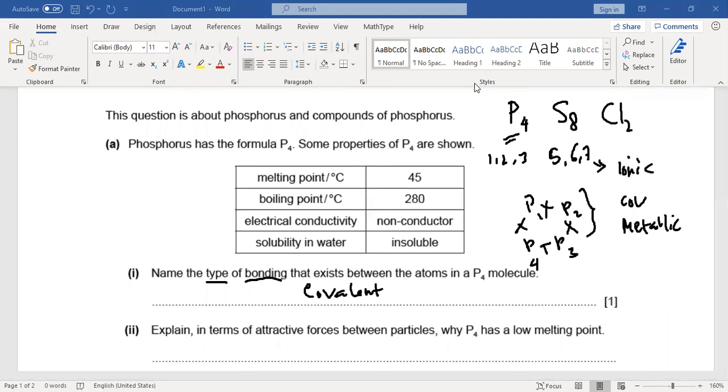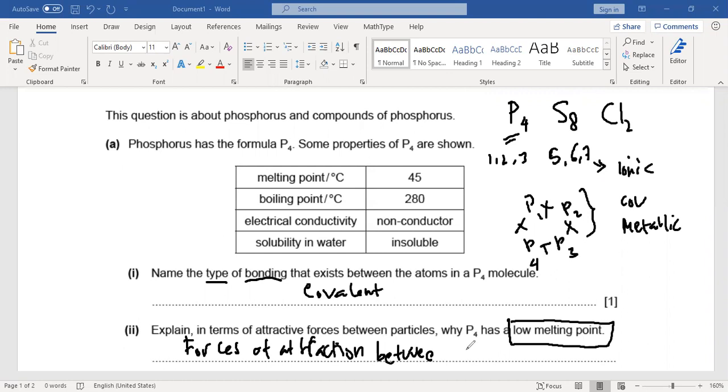When you come to answer low melting point, please direct your attention to the forces. Forces of attraction. If the forces of attraction between molecules are weak, then definitely you may expect a low melting point.